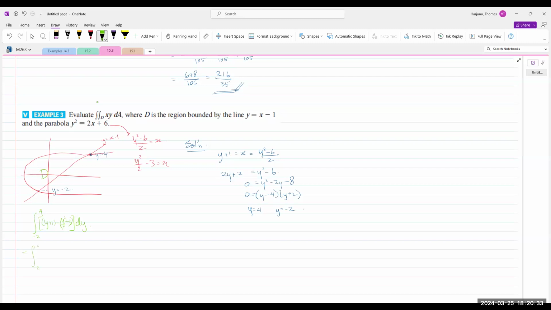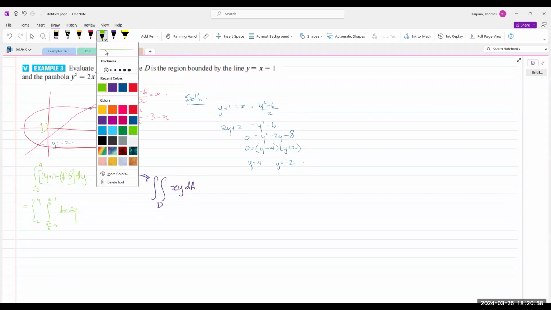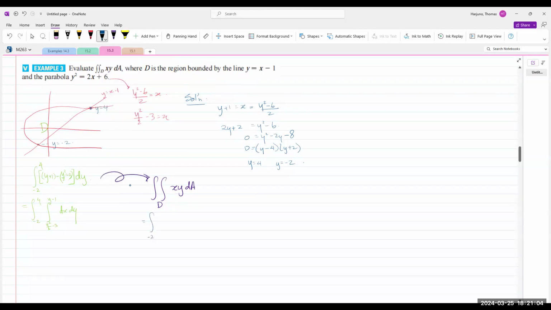Integral from negative 2 to 4, integral from y squared over 2 minus 3 to y plus 1 of dx dy. Okay, so then when we go to our double integral over D of xy dA, now we can be more specific about what our D will be. It will be integral from negative 2 to 4, integral from y squared over 2 minus 3 to y plus 1 of xy dx dy.